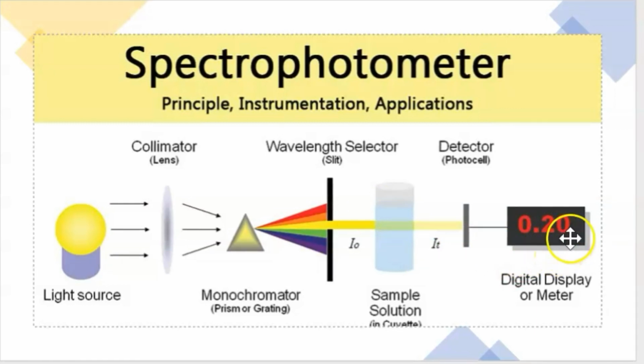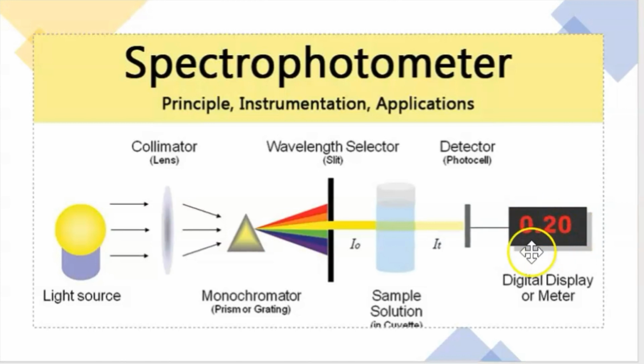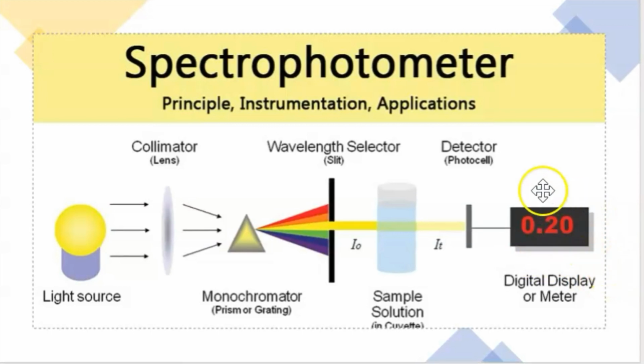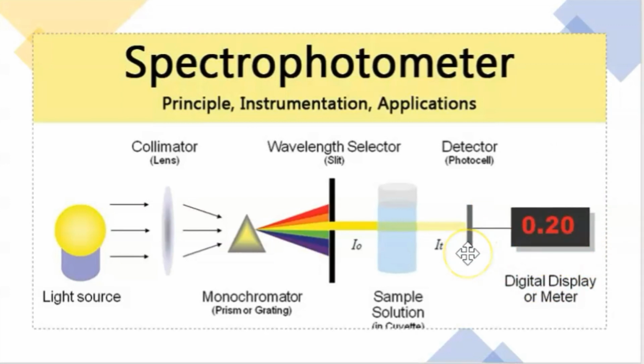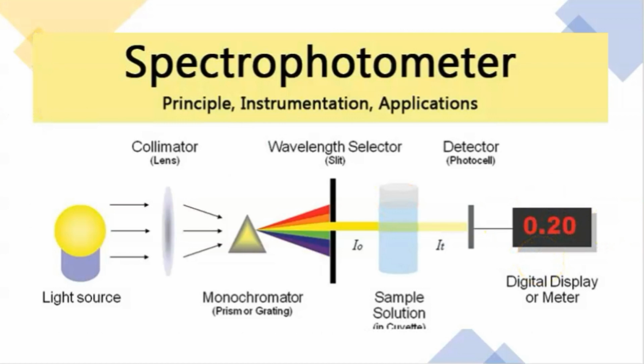The data from the detector are displayed by readout devices such as analog or digital display, LCD, or the output can also be transmitted to a computer or a printer. So from here we see our result, that is how much light is absorbed by the sample or how much solute is present in our test sample.